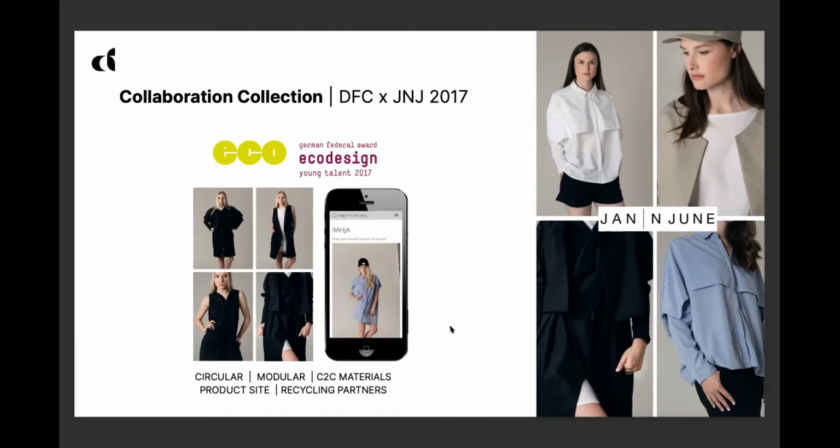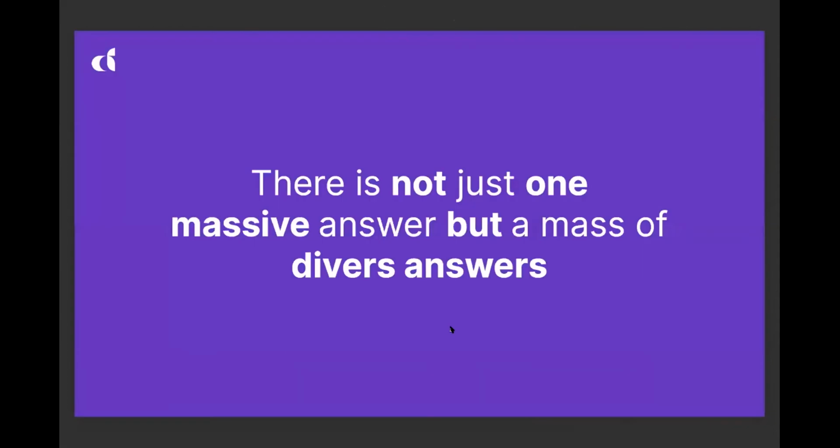It was also modular design, long-lasting products, cradle-to-cradle materials. And we also tried already how we can engage the user with a product side that can also explain that there are recycling partners behind. But more and more, I also realized that there is not just one massive answer, but a mess of diverse answers.